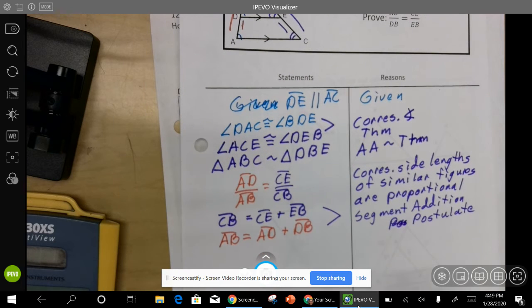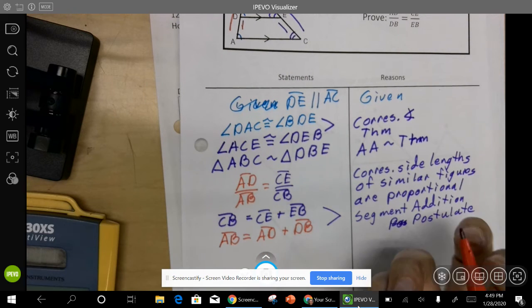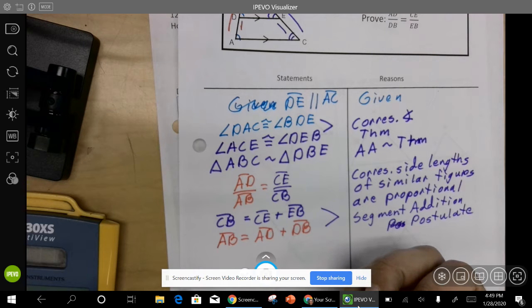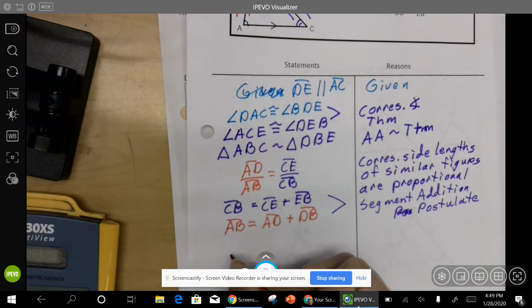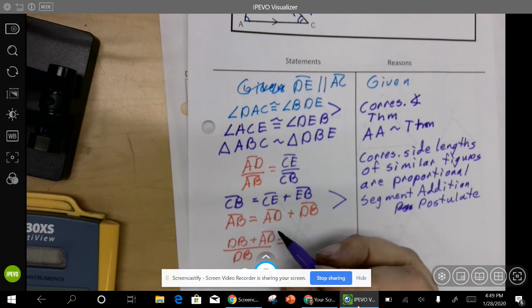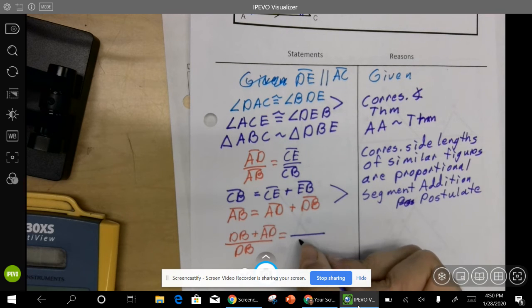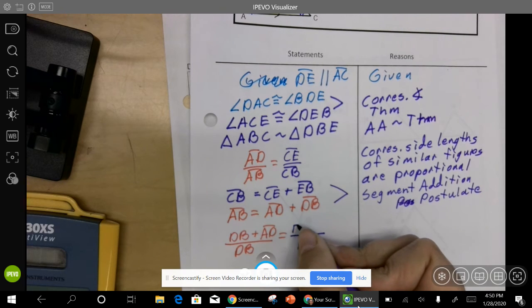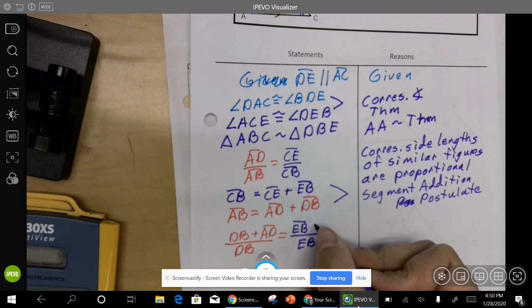Okay, so then we can do some substituting in. So we're going to have DB over DB plus AD is equal to EB over EB plus CE.